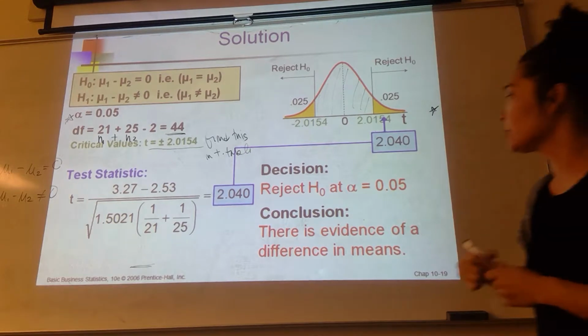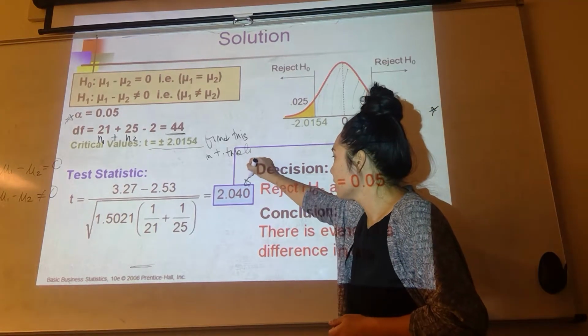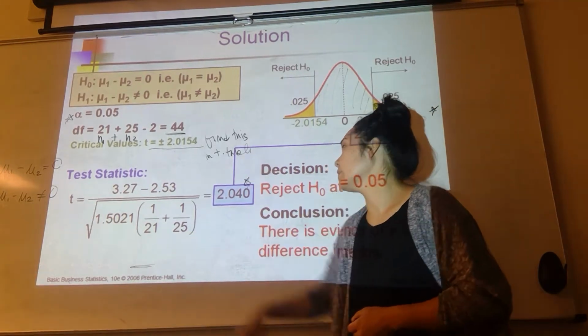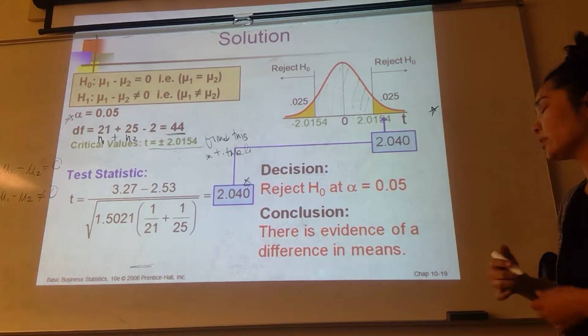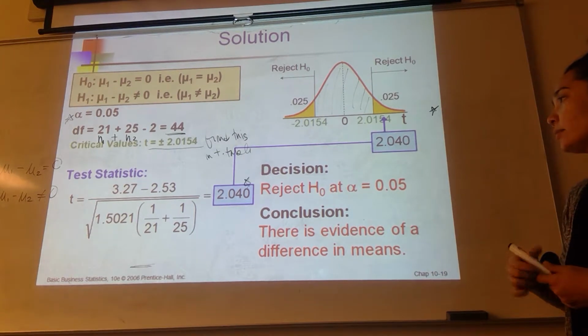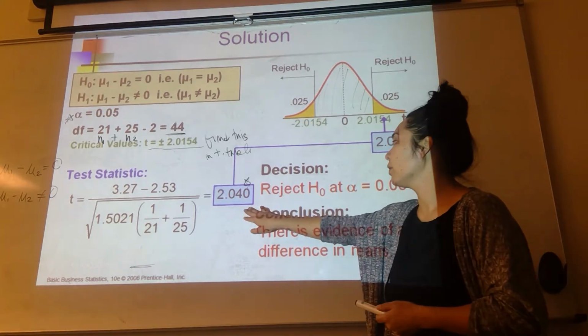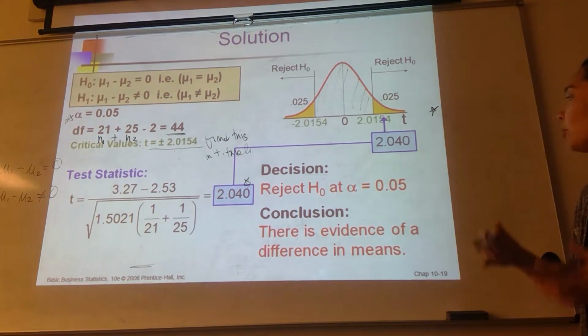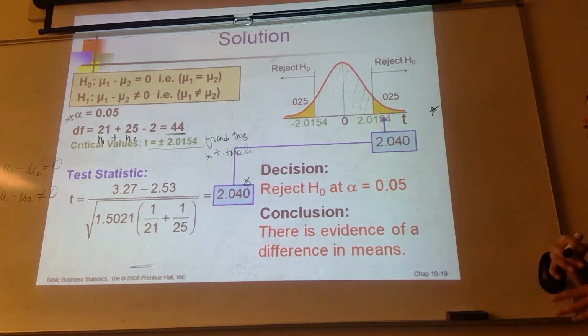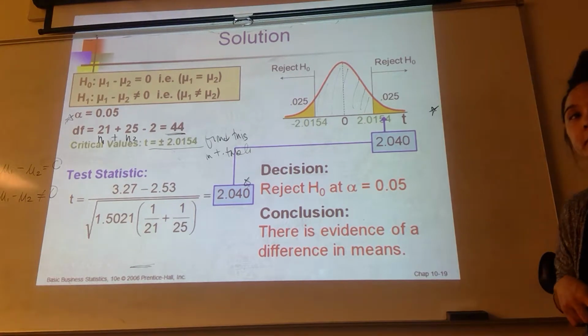And so they give us our t-test statistic, again, by using the equation, and that's how you do it, but we're going to find it in Excel. So 2.040, does it fall within the non-rejection region? Outside.